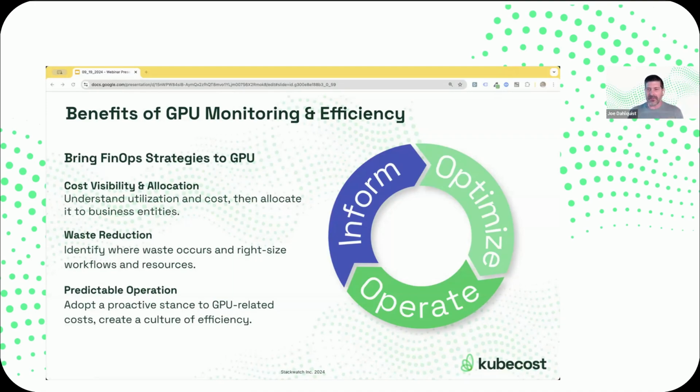It's really about shifting from this reactive approach of, holy cow, look at the size of my GPU bill, to we have an idea of what we're going to be spending on GPU related costs based on our roadmap and based on the changes that we're making in the next release. So that's a great place to get to, and one that everybody needs to start paying attention to. We can go ahead and go to the next slide.